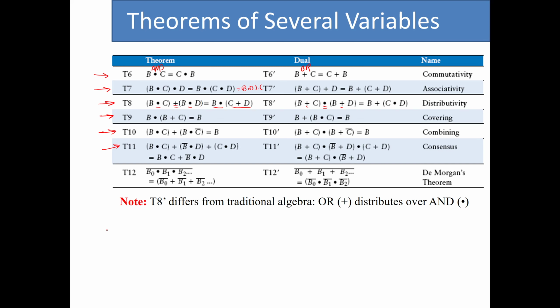So we have 3 variables. So let me just rewrite it again here. BC plus B bar D plus CD equals BC plus B bar D.